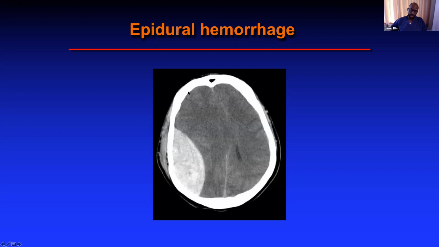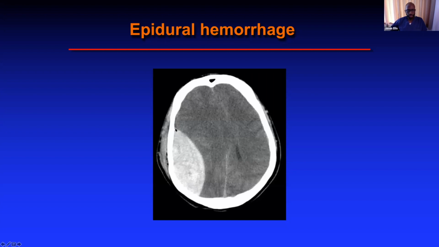So while in the front part here, you can't really make out that dura because it's so closely opposed to the inner table of the skull. Back here, where there's an obvious hemorrhage, we know that the blood is really just pushing into the dura mater and pushing into the brain.